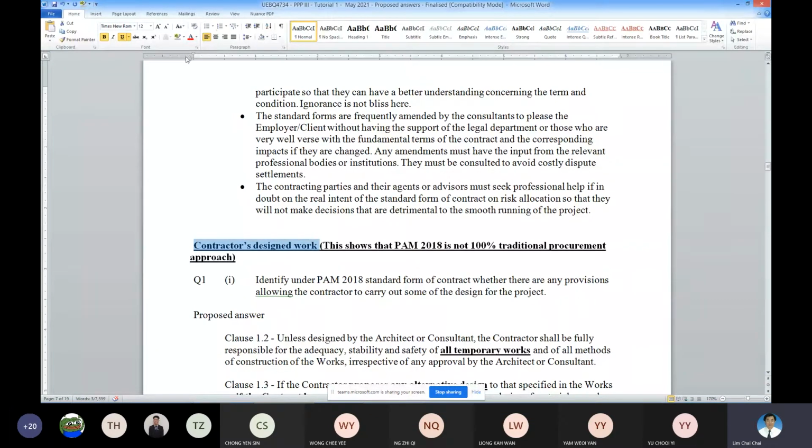Now you have to bring up your PEM 2018 already. You have to identify whether any provision allows the contractor to carry out the design work. Are there any provisions?